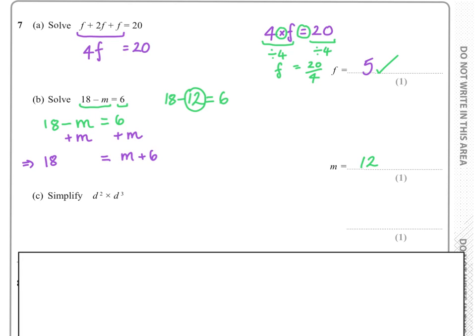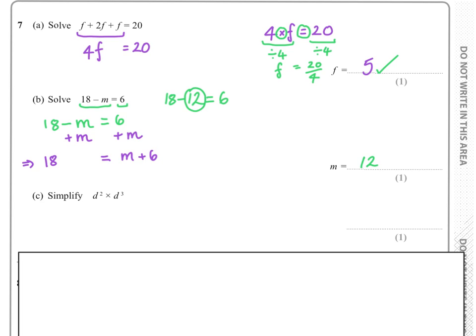It's like having, say, negative 2 and 2 would be 0, and I wouldn't write 0 here. Now looking at what I've written here, you can probably see that 12 plus 6 is still 18, so 12 is still fine. But what I've done is I've tried to do the same thing to both sides to get the answer.